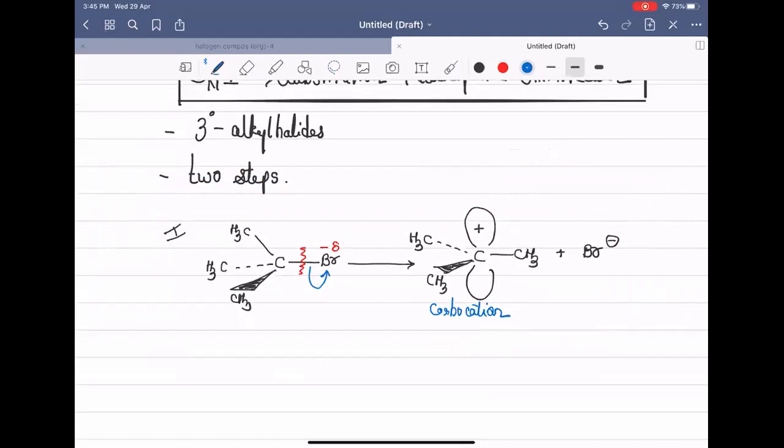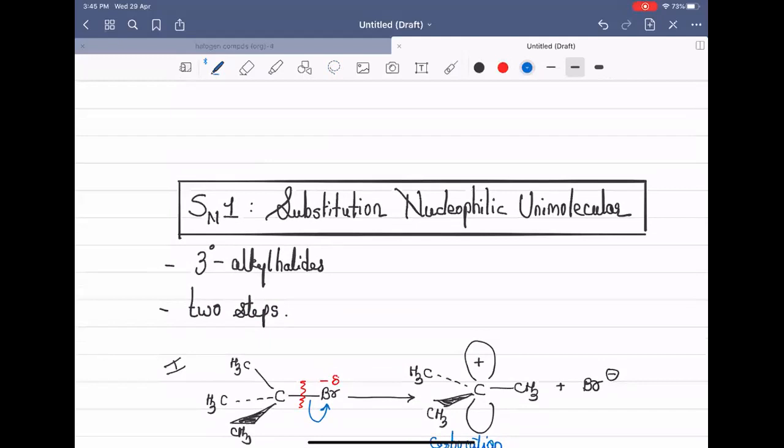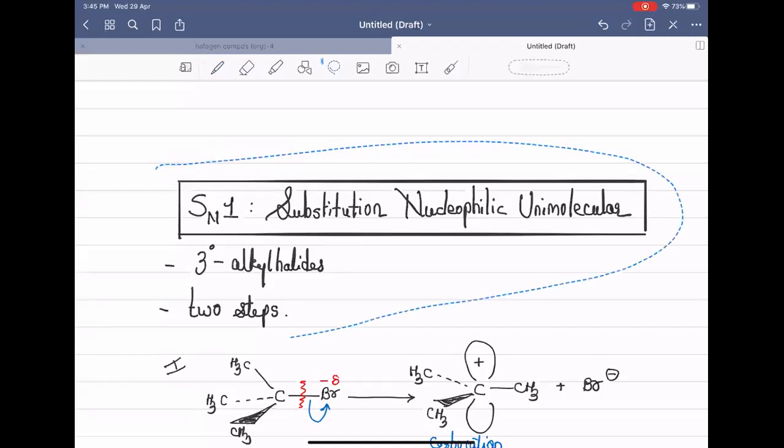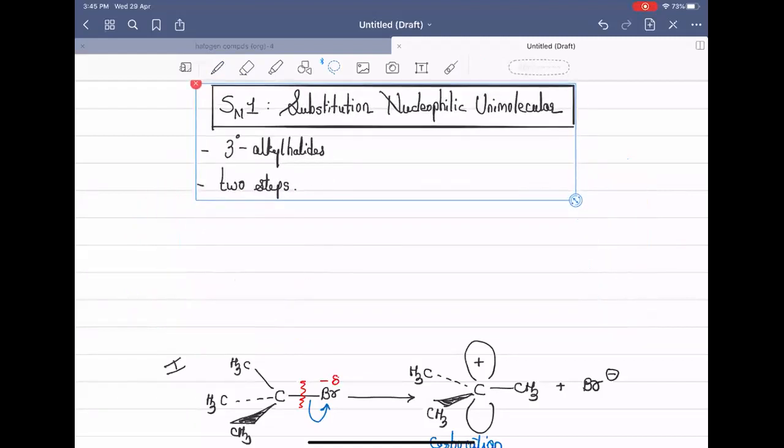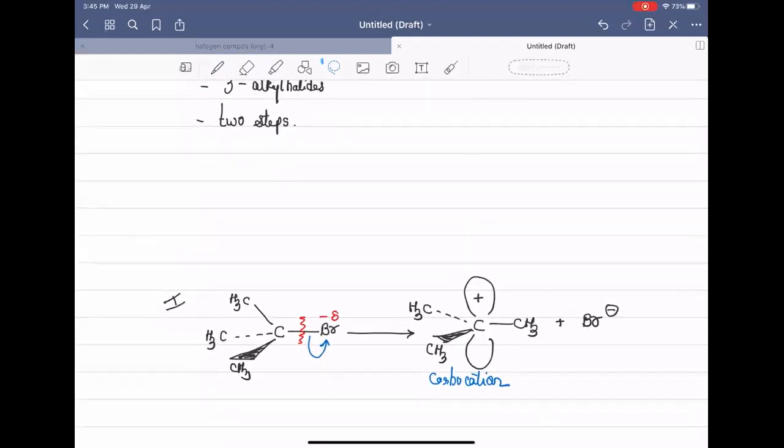So in this type of substitution reactions, you always find that the molecules may undergo rearrangement, and that's because the intermediates are carbocations. Another important thing, which alkyl halides would preferably undergo SN1?